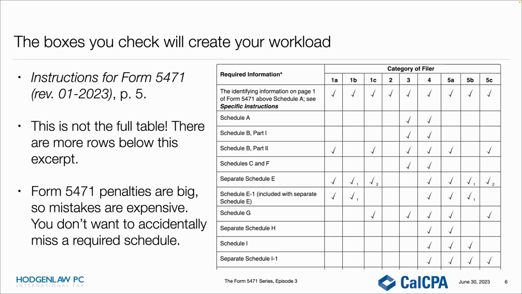And you can also see within categories 1 ABC and 5 ABC that each of those subcategories or categories, depending on how you want to look at them, have different filing requirements of their own. So it matters because, God forbid you forget to add a schedule and your Form 5471 is not substantially complete and the government sends you a bill for $10,000, please.